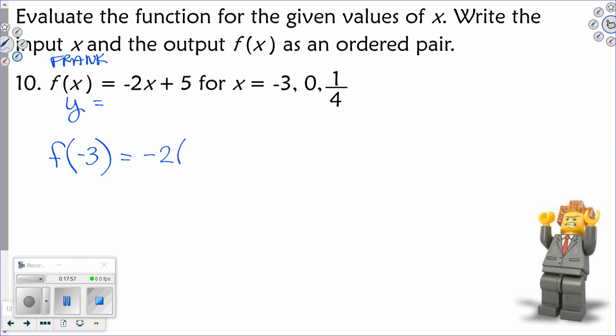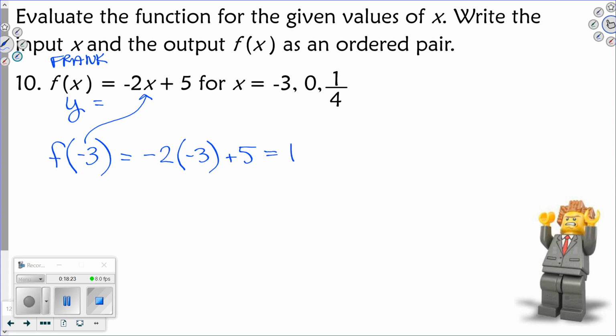So -2 times -3 plus 5. So f of x, all that means is plug it in where the x is and tell me what it equals. Math-wise, is that very hard? What's -2 times -3 plus 5? That's 11. Thank you.